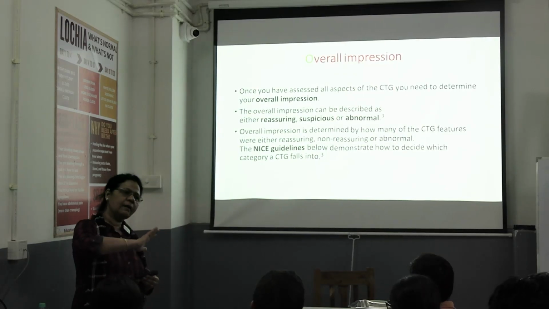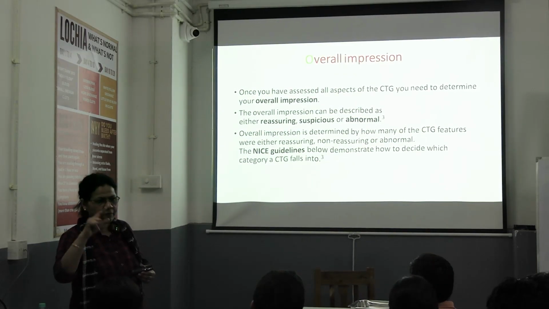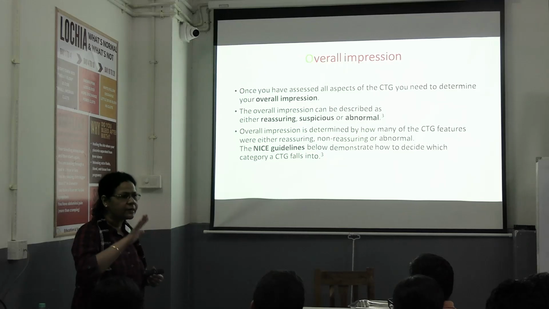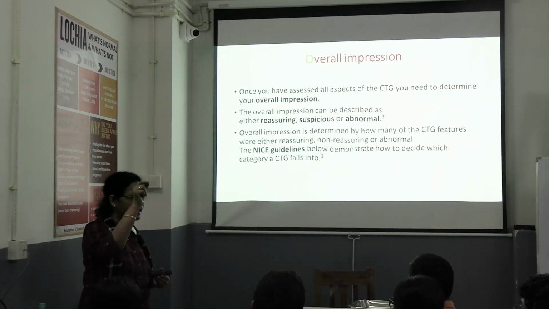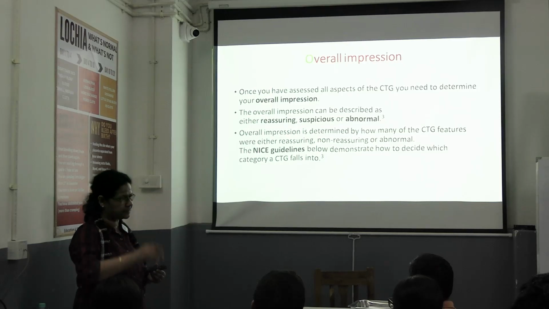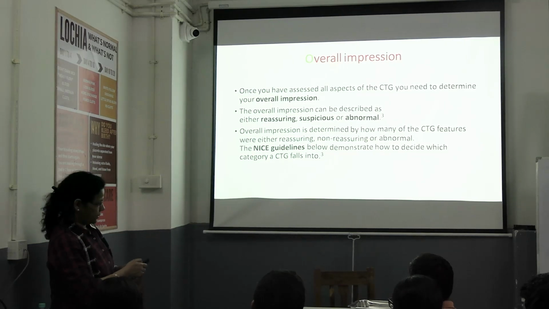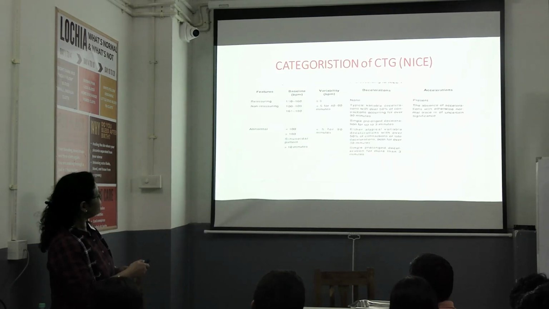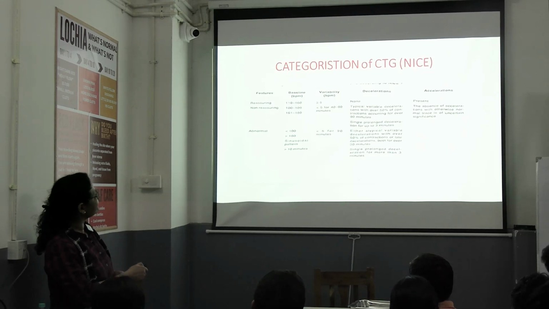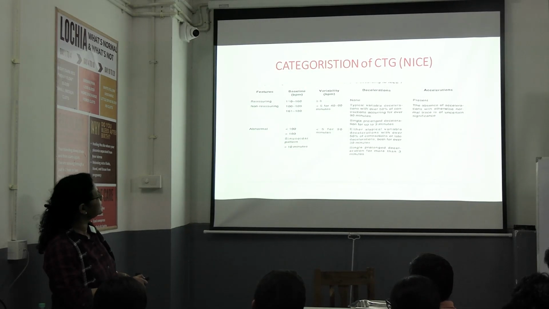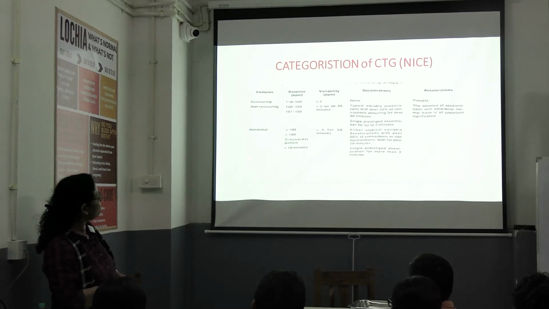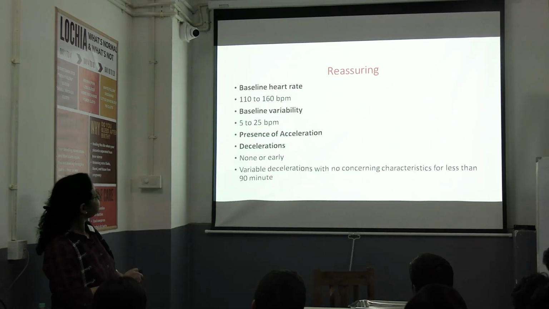If it is early, okay. If it is late and variable, then you have to stop and see whether we have to intervene, because we can sense that fetal distress is present. So these are the NICE guidelines, with the baseline variability, baseline heart rate, decelerations and accelerations, categorized as reassuring, non-reassuring and abnormal.